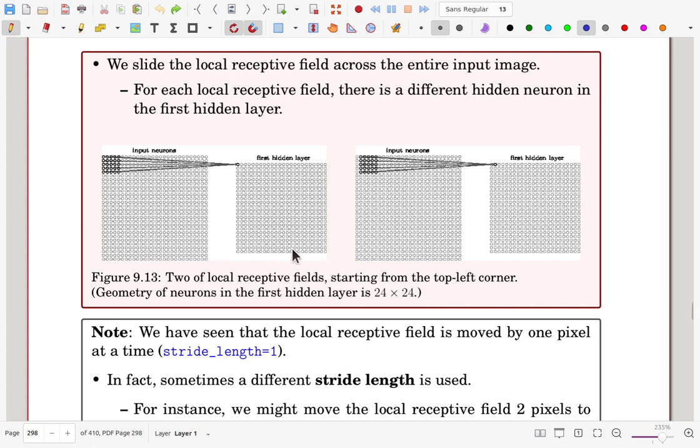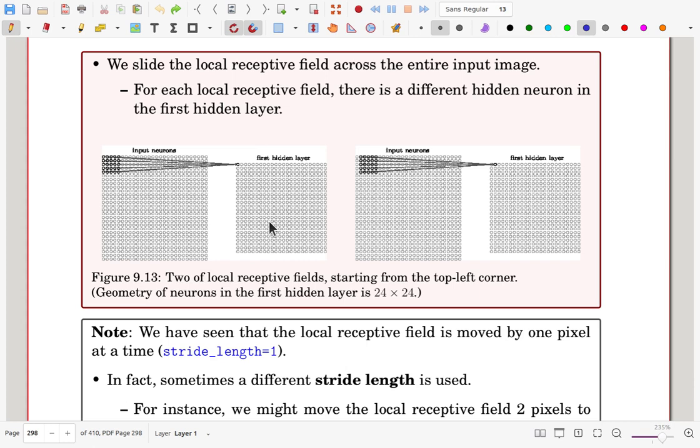You may think of it this way: the center of the field is now moved to the first one, and at the end the center will move to the rightmost one, so we have to delete 2 rows and 2 columns, so the 28 by 28 in output becomes 24 by 24.